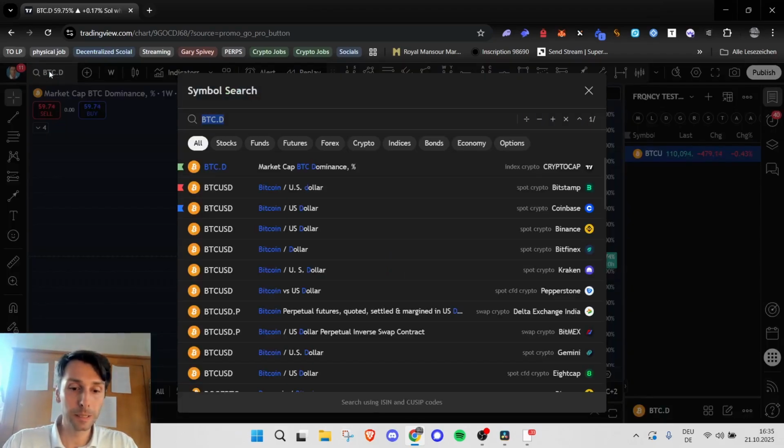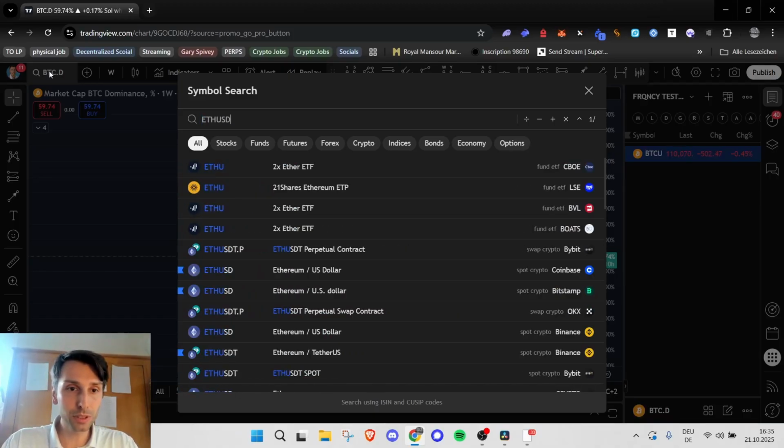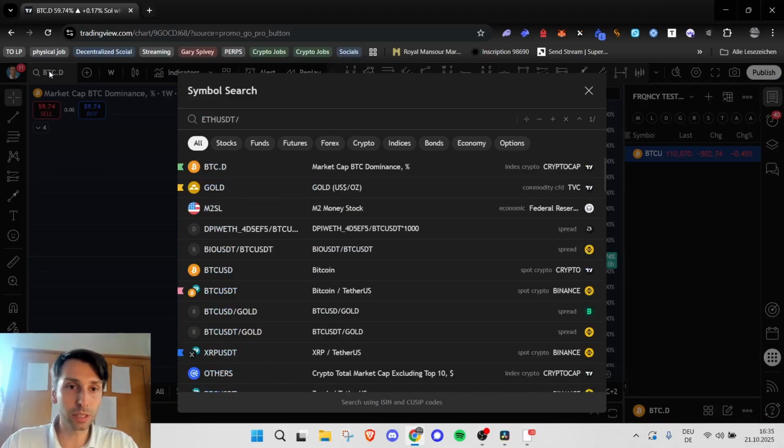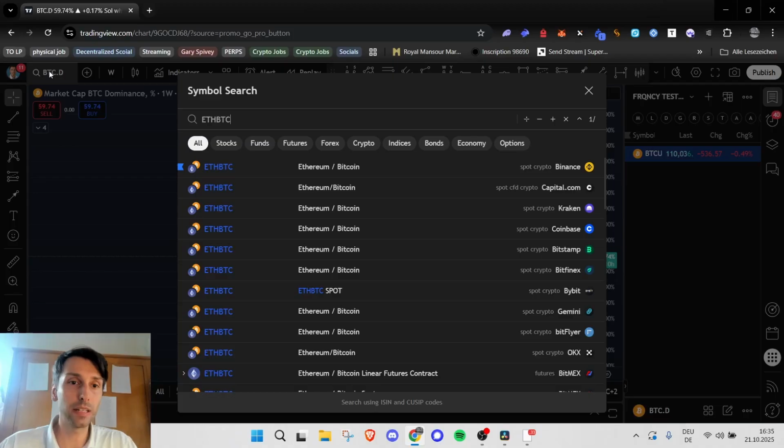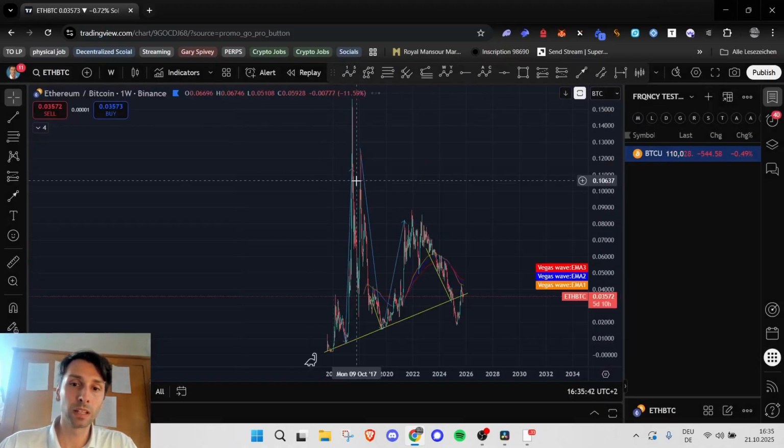Another interesting chart is an altcoin denominated in Bitcoin. Let's say we look at Ethereum, so Ethereum to Bitcoin, right? There is a certain chart already that is ETH-BTC.